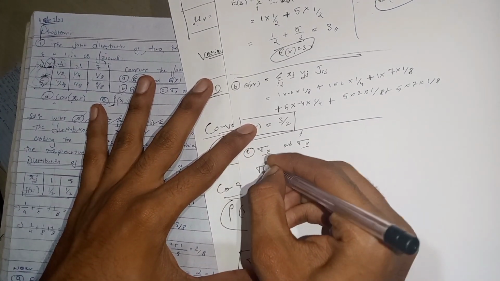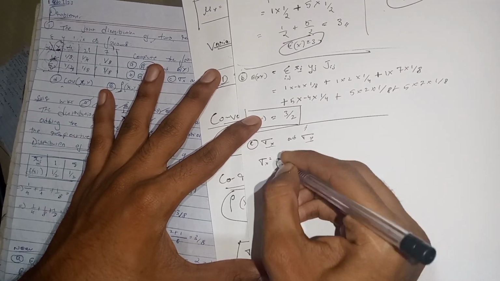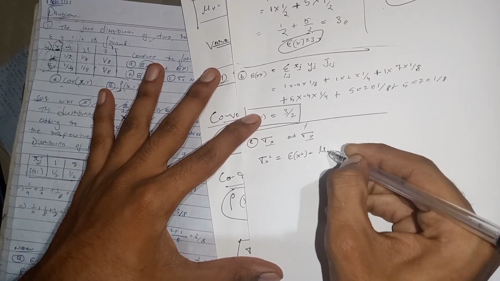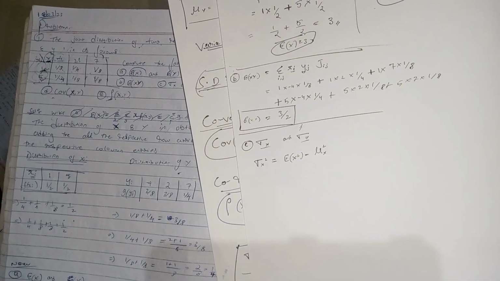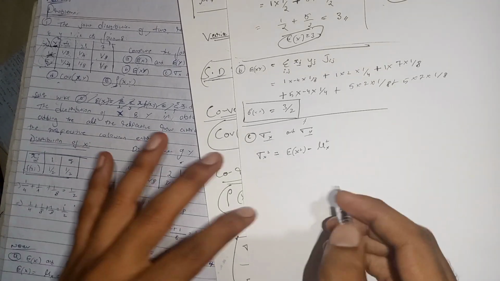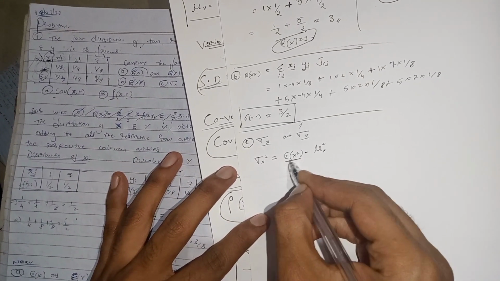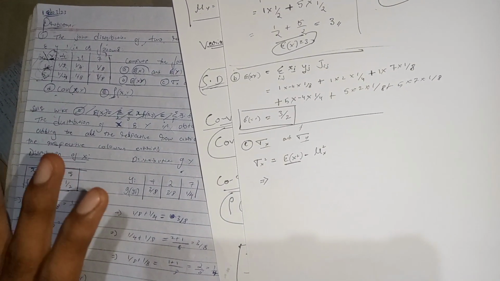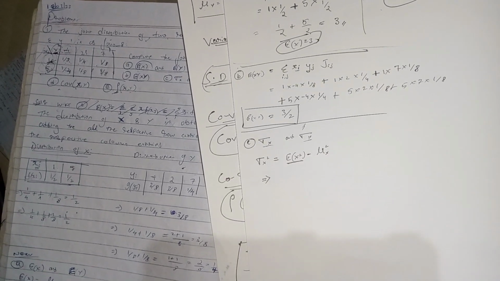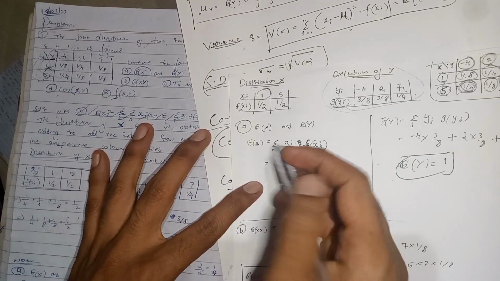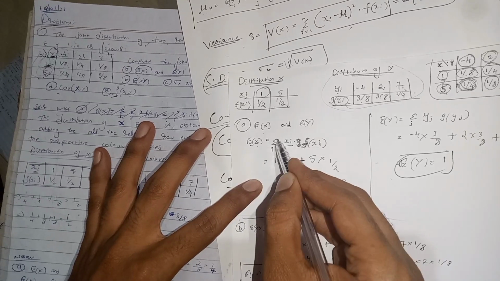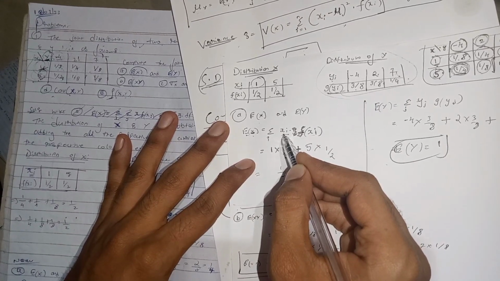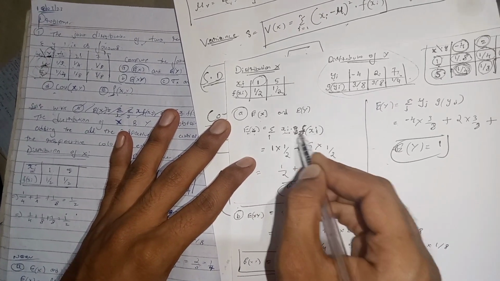First you write down your formula: sigma x square is equal to e of x square minus mu of x square. Now the question is, first I need to find this e of x square. Just wait a moment. We know that we have a formula for e of x: e of x is nothing but summation over i of xi into f of xi.